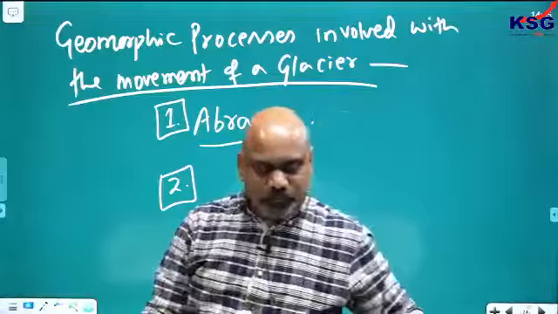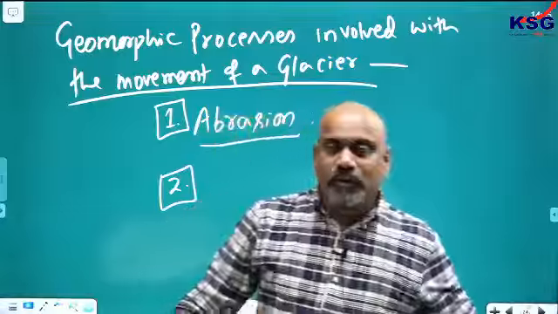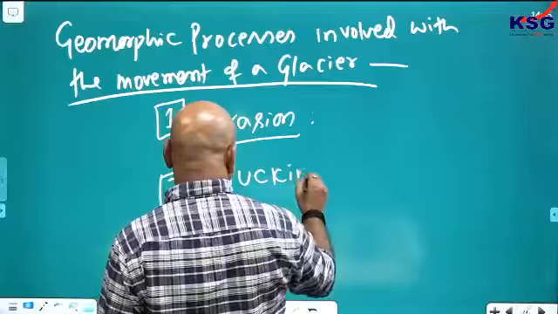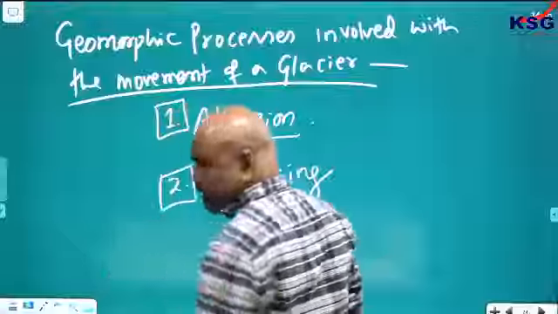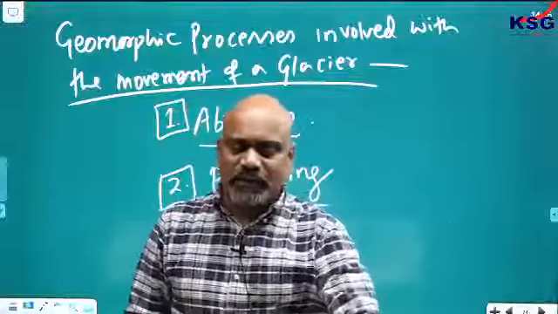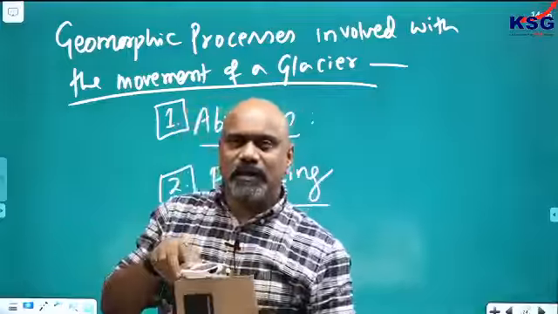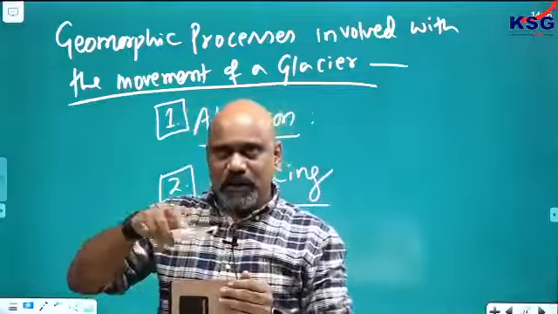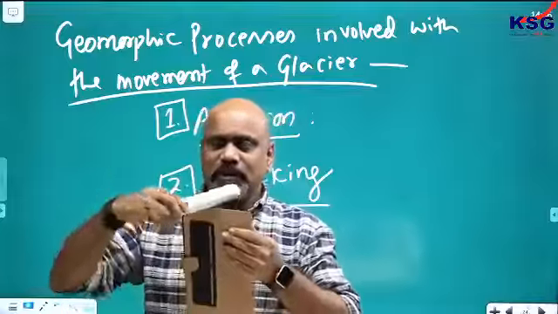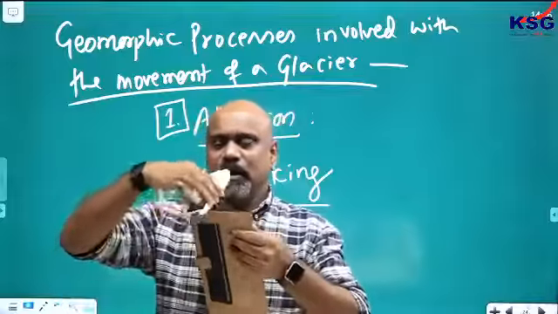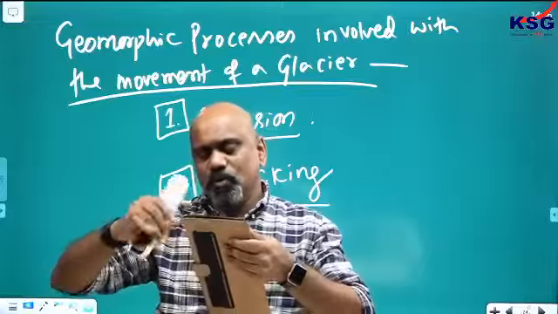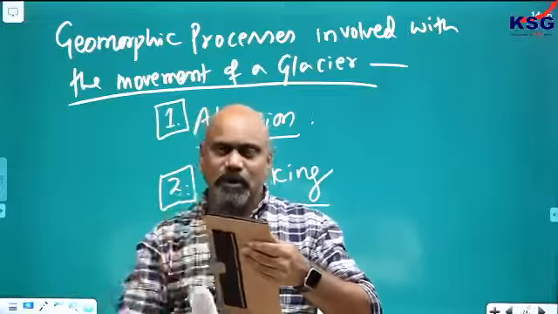Okay. The second one is plucking. When a glacier moves, let us say here is a glacier, it is moving like this. I think it is visible. While the glacier is moving like this, at the fag end, what happened here? It gives more pressure. More pressure leads to part of this getting plucked away.